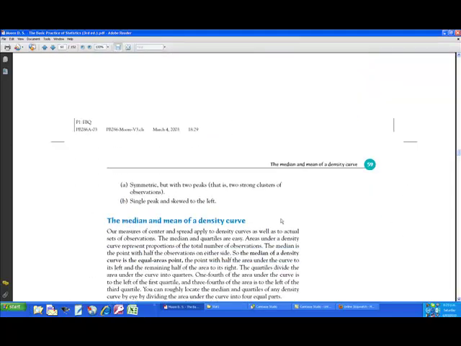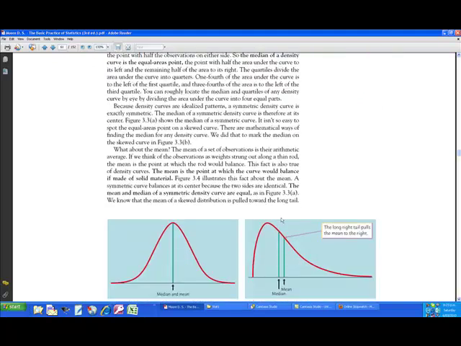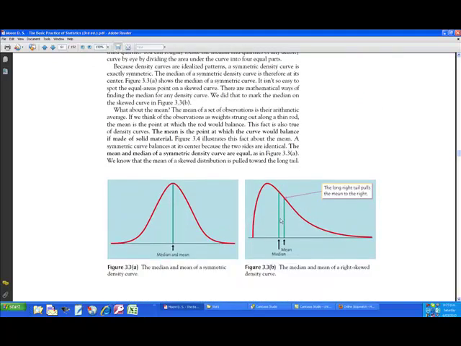So here are 2 more density curves. They're density curves if they are always above the horizontal axis and their area underneath them is 1. We don't really know what the area underneath is, so we can say it could be 1. So we have two of them here. The one on the left is symmetric about the center line there.